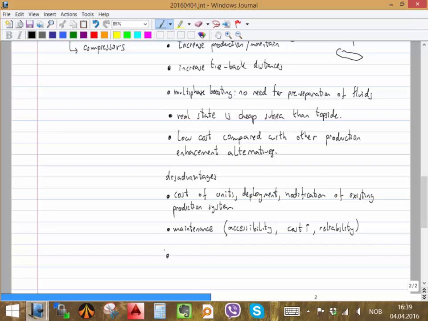And another issue, especially with multi-phase, is that there is a big uncertainty on the performance. Why? Just because it's complex. The manufacturer can measure the performance of this equipment in the lab, but when they put it with real fluids, in the real field, under real conditions, it might give something else.